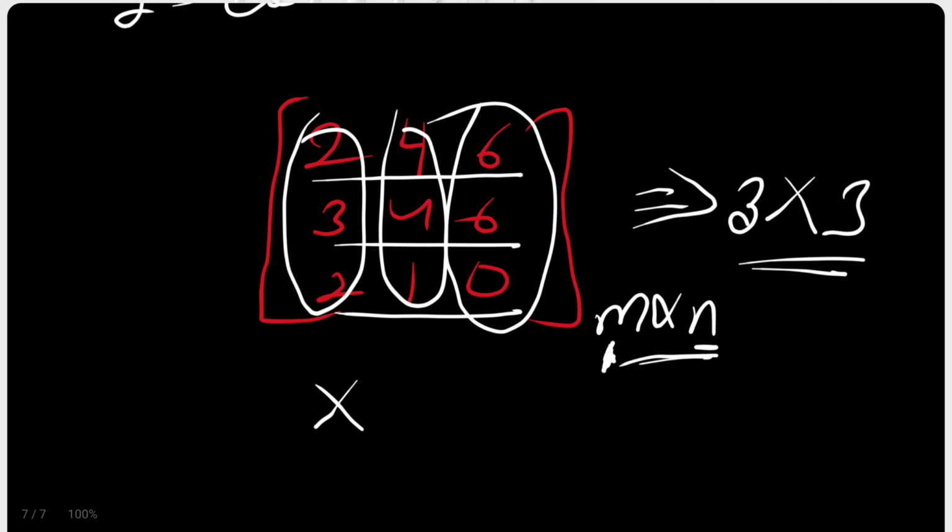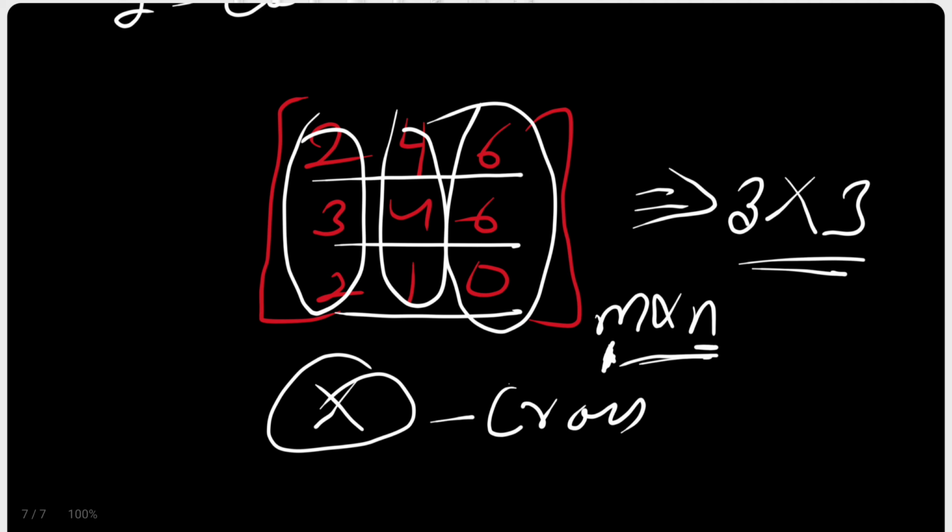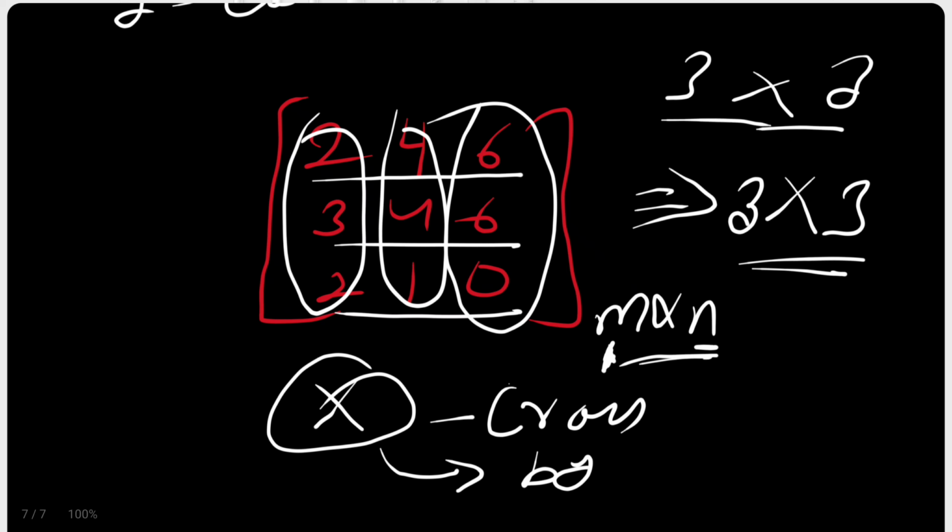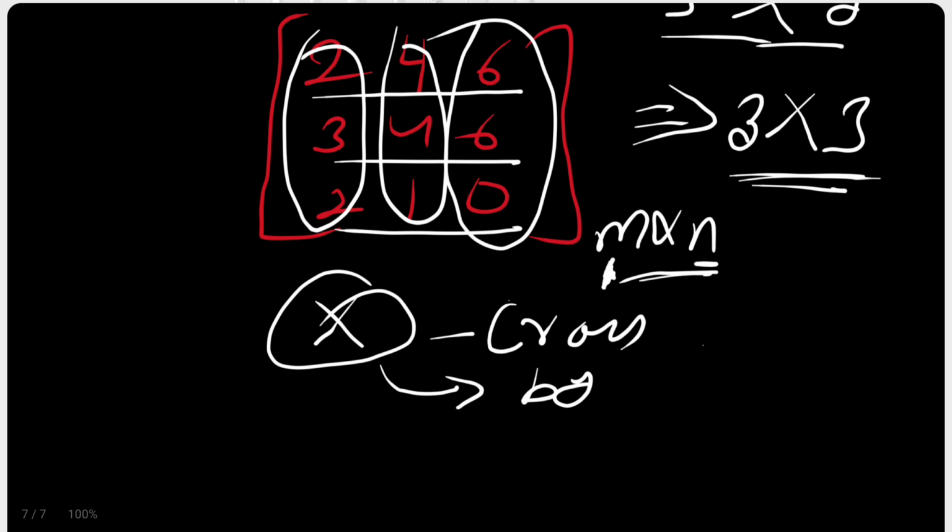We can read this as 3 cross 3 or 3 by 3. Mostly we use 3 cross 3. It means the number of rows is 3 and the number of columns is also 3, so it is our square matrix.